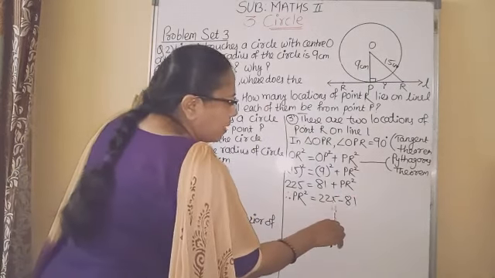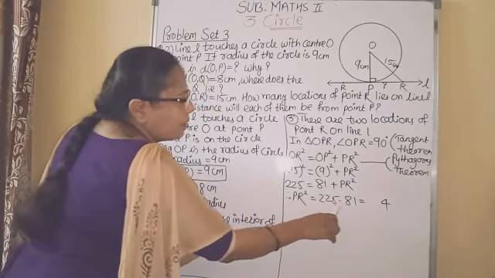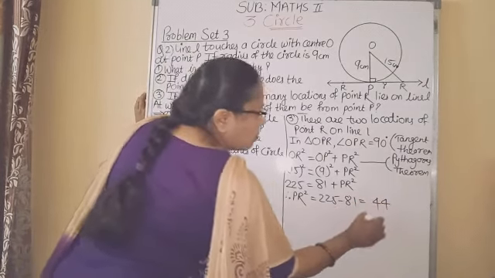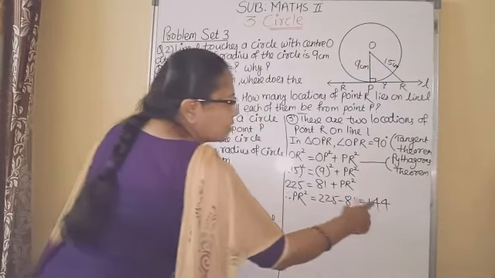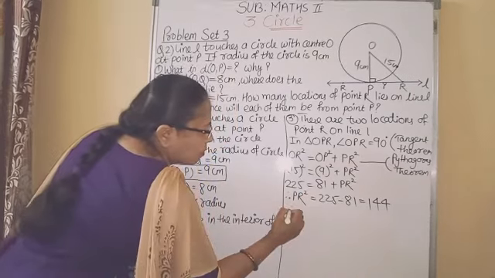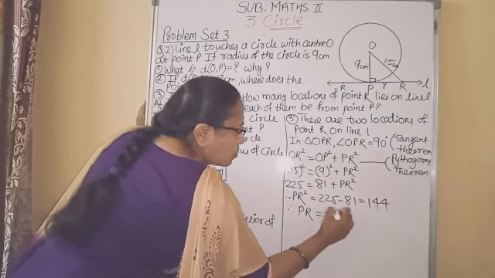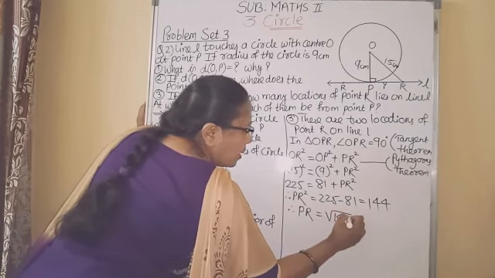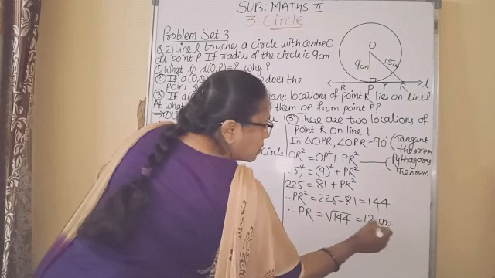Now subtract. 5 minus 1, 4. 12 minus 8, 4. And here 1. PR square is equal to 144. Therefore, PR is equal to square root of 144, which is equal to 12 centimeters.